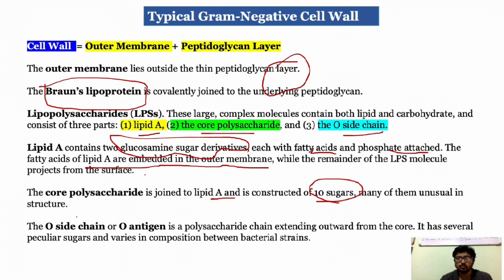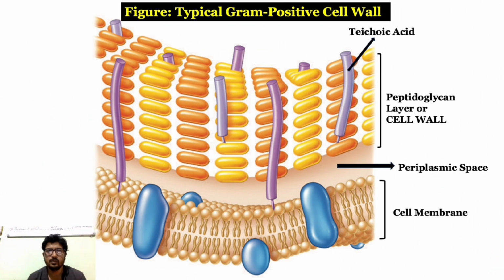Now at last I will show you the gram-positive cell wall structure, the 3D structure, so that you can easily memorize and visualize the actual difference between both the bacteria in one picture. Here is the presentation of a typical gram-positive bacterial cell wall, and you see the cylindrical structure, which is nothing but the teichoic acid, extensively present in gram-positive bacteria, and these capsular structures, which I have already shown in the previous gram-negative slide.